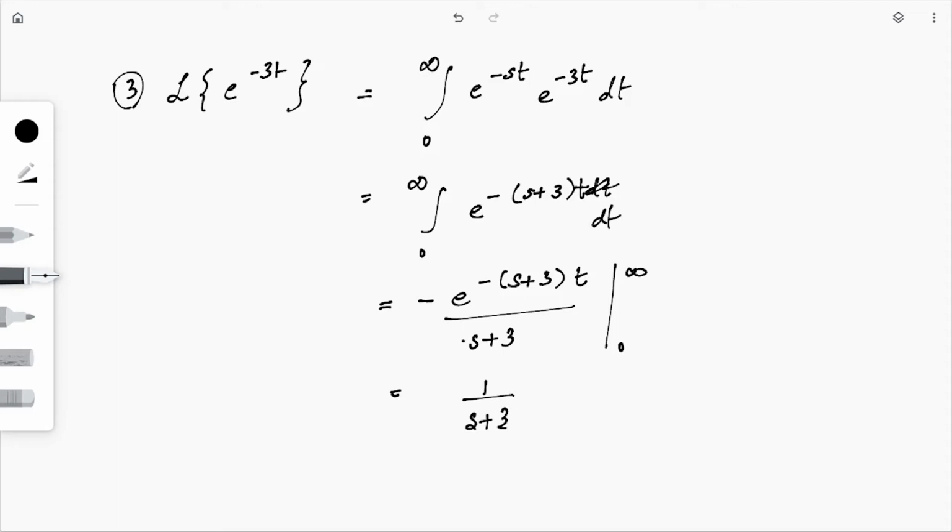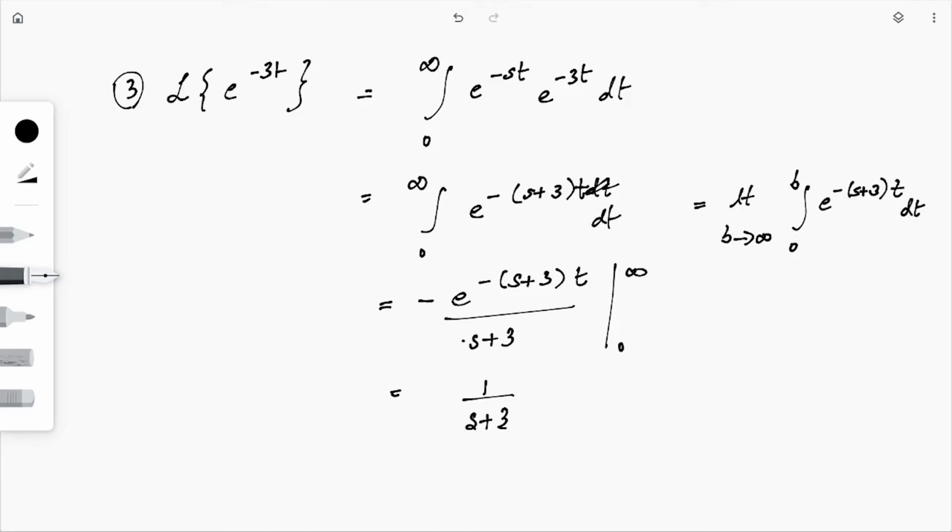Okay, so this is always the corresponding value, and this limiting value should always exist. So that is, we can write this integral as limit b tends to infinity integral 0 to b e raised to minus of s plus 3 into t dt, right?